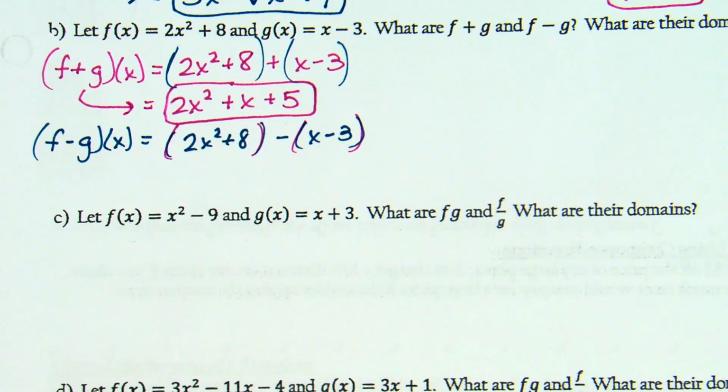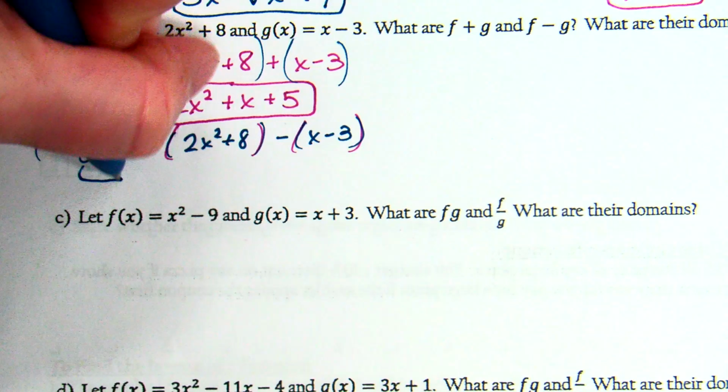F minus g. What changes here? We're subtracting everything in the second function, yes. So let's see. 2x squared is still 2x squared. What about the minus?